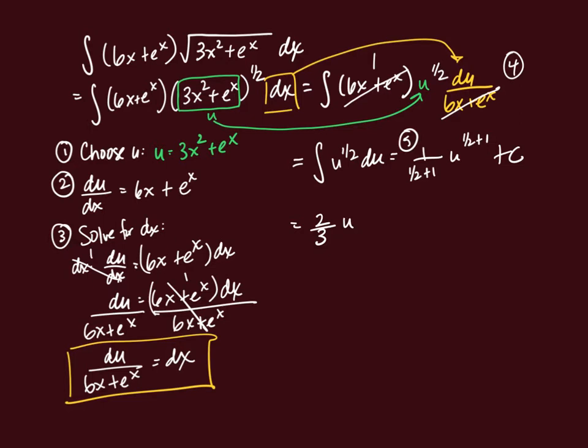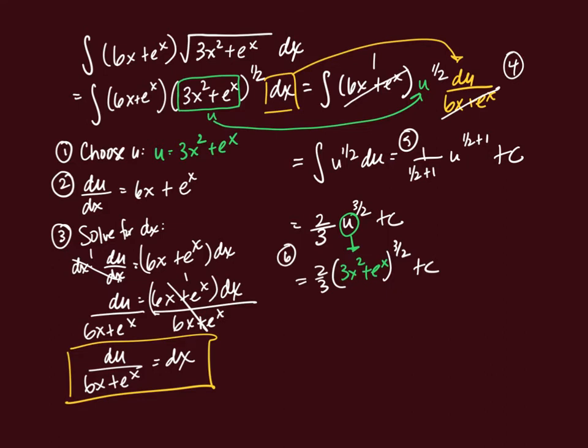U to the 3/2 plus c, and last but not least is my substitute back again, right? So I'm going to take out u and replace it with 3x squared plus e to the x. So my u got replaced. So I'm back to my original variable.